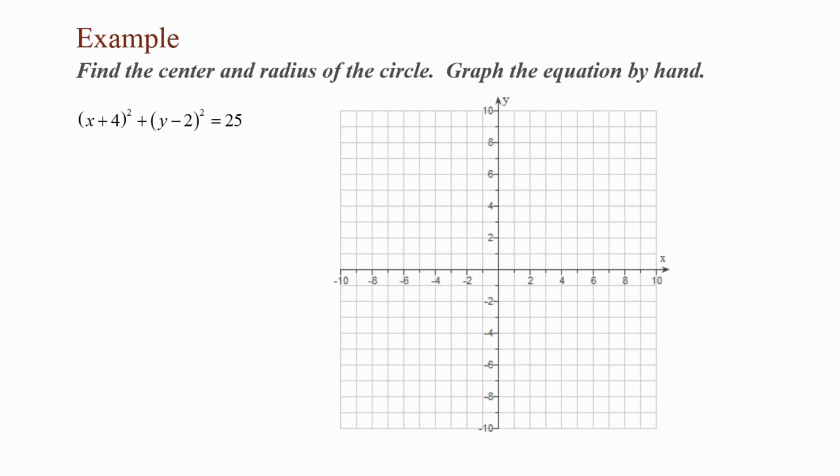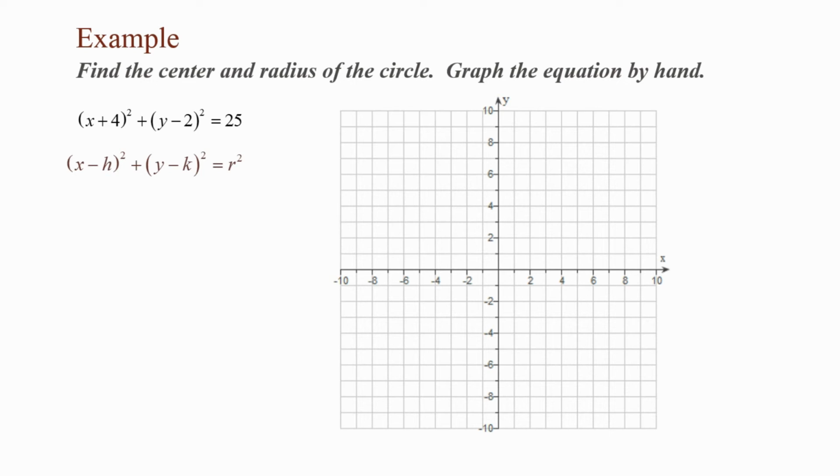In this example, find the center and radius of the circle, graph the equation by hand. (x plus 4) squared plus (y minus 2) squared equals 25. So again, I want the equation (x minus h) squared plus (y minus k) squared equals r squared.